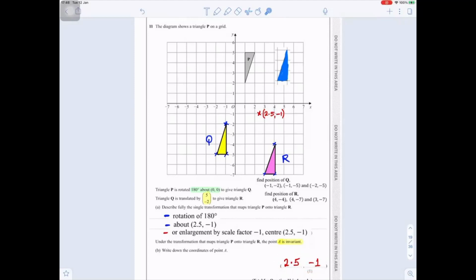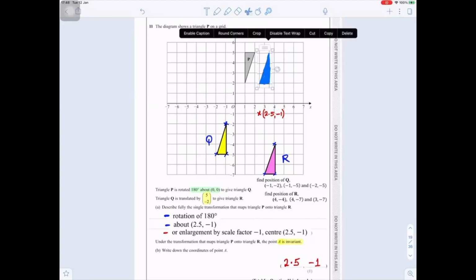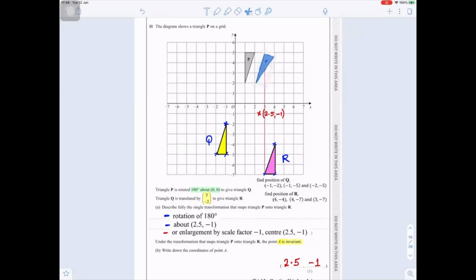So if you use 2.5, minus 1 as the center of rotation, you would go from P to R, which is a rotation of 180 degrees with that center.